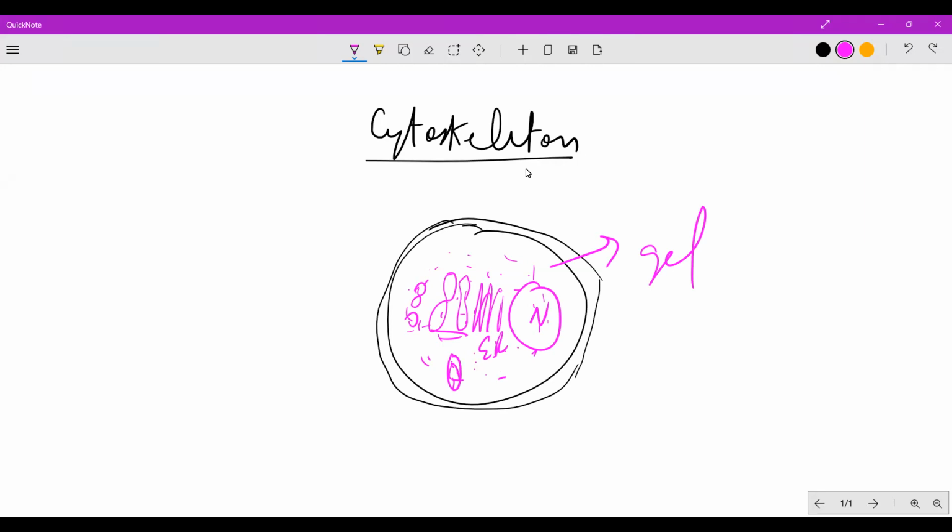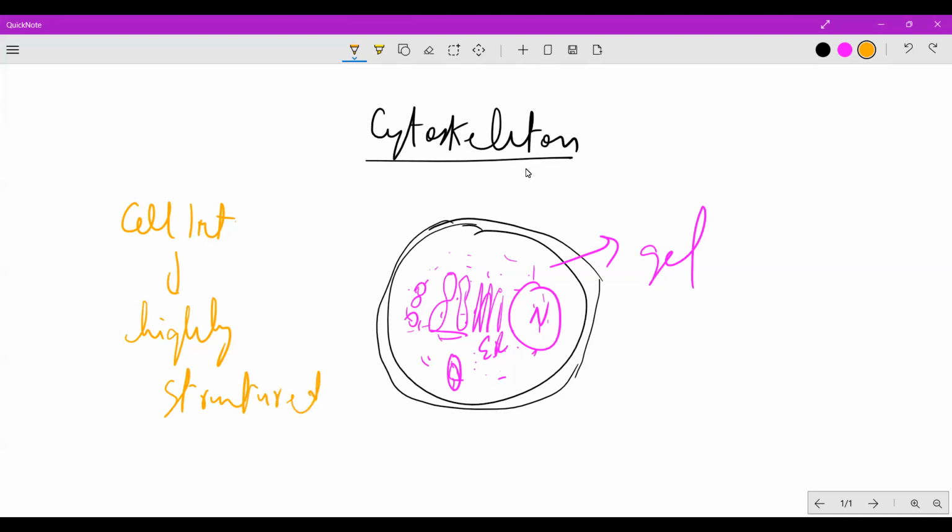But now we know the interior of a cell is in fact much more structured. The interior of a cell is highly structured. It's not simply a gel-like structure.